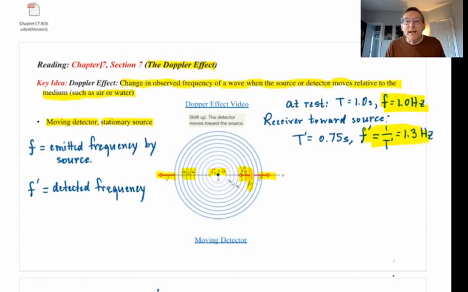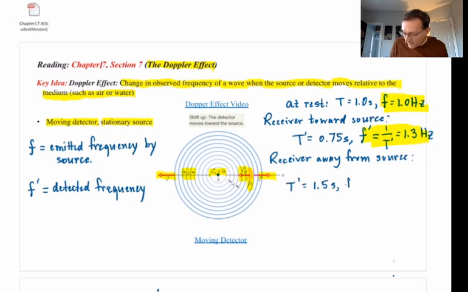So, now let me write, for receiver moving away from source, the observed period is 1.5 seconds. So the observed frequency, which is 1 over the observed period, is 0.67 hertz. So now the detected frequency, when receiver moves away from source, is less than the emitted frequency. 0.67 hertz is less than 1 hertz.